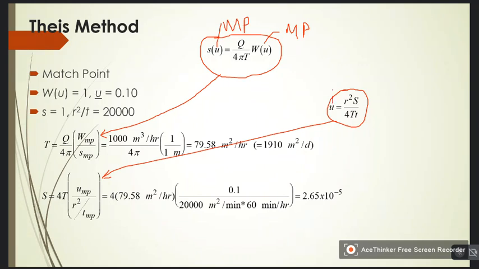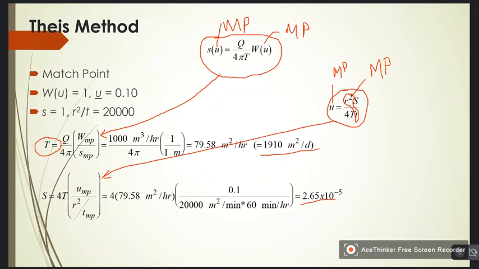And for R square by T, also we use match point. Understand? So automatically you will get T and S.